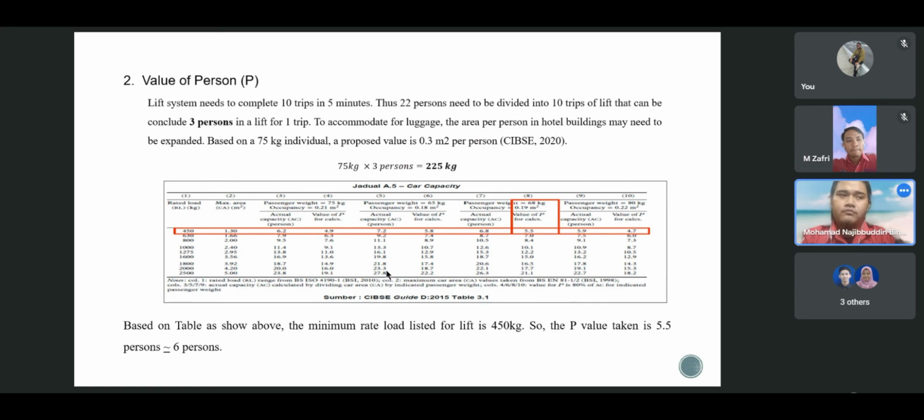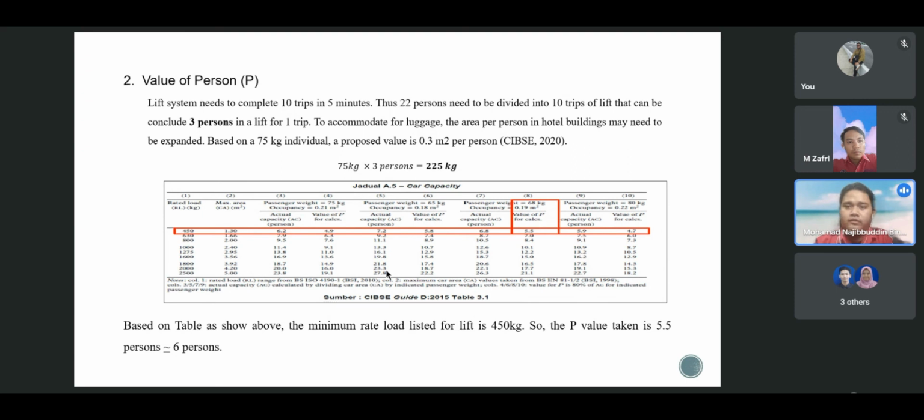To accommodate luggage, the area per person in a hotel may need to be expanded, based on a 75 kilogram individual. A proposed value is 0.2 square meter per person based on CIBSE.